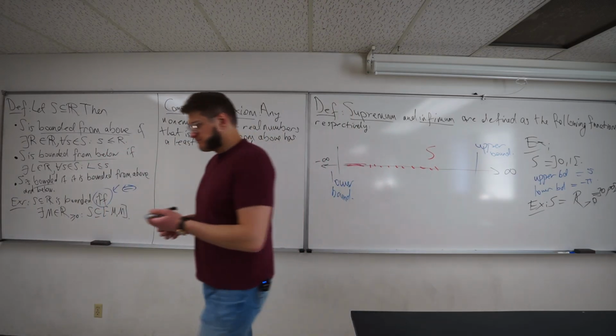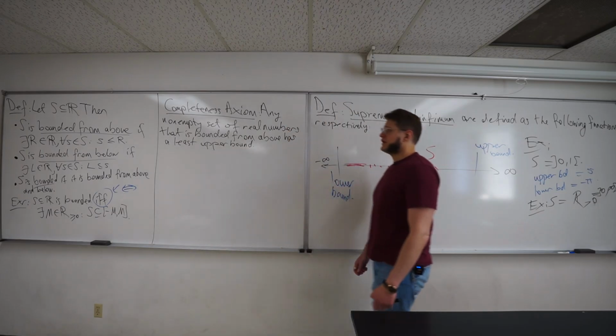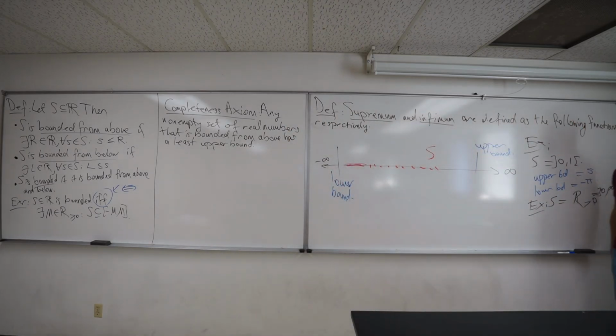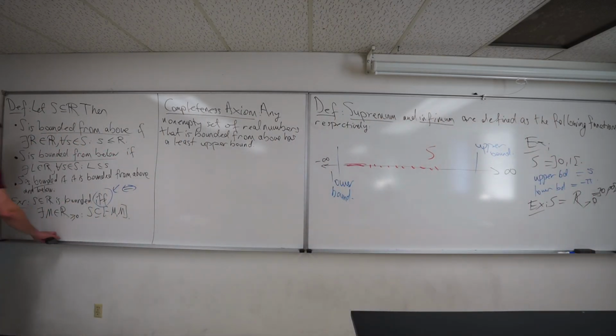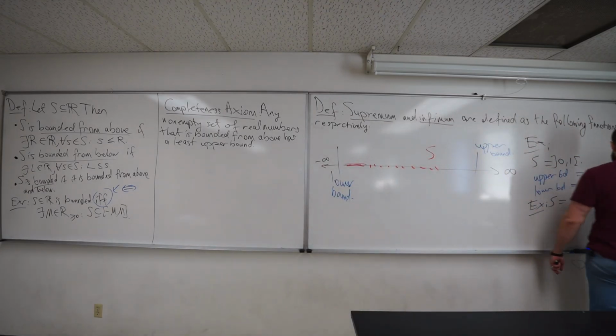I'll say one thing. More than sets of real numbers, in this class, we're going to be interested in sets of functions taking real values, typically defined on an interval, but it's not really that important where the function is actually defined for most purposes.